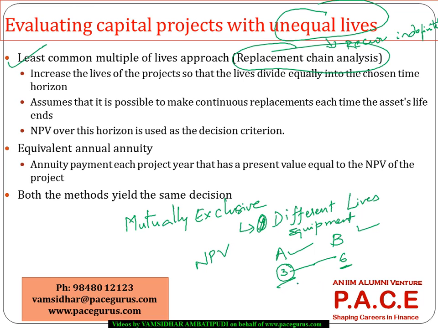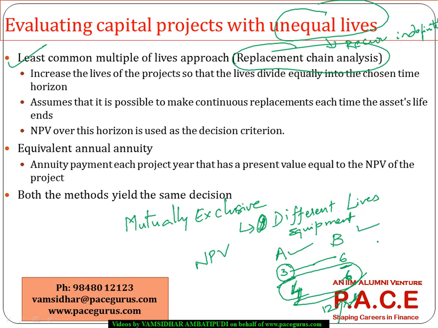So suppose this particular A has a 4-year life and B has a 6-year life. What it says is, you take the project's life as 12 years, which is the LCM of these two. So repeat this purchase after every 4 years, repeat this purchase after every 6 years, and assume the cash flows in the same pattern for the next set.